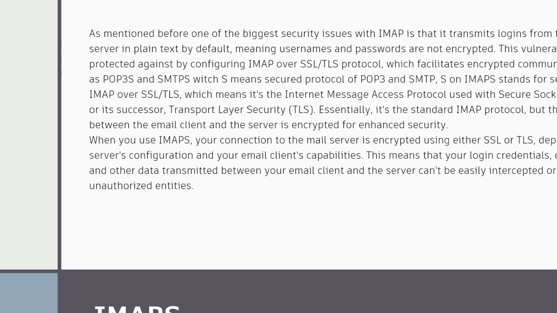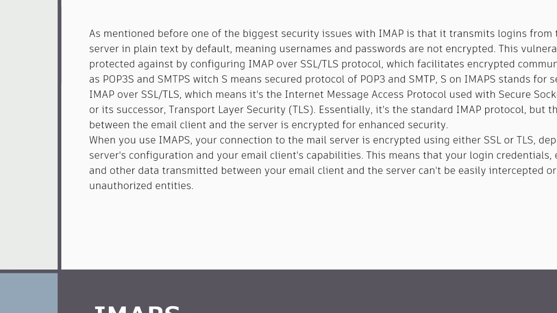As mentioned before, one of the biggest security issues with IMAP is that it's plain text by default, meaning usernames and passwords are not encrypted.